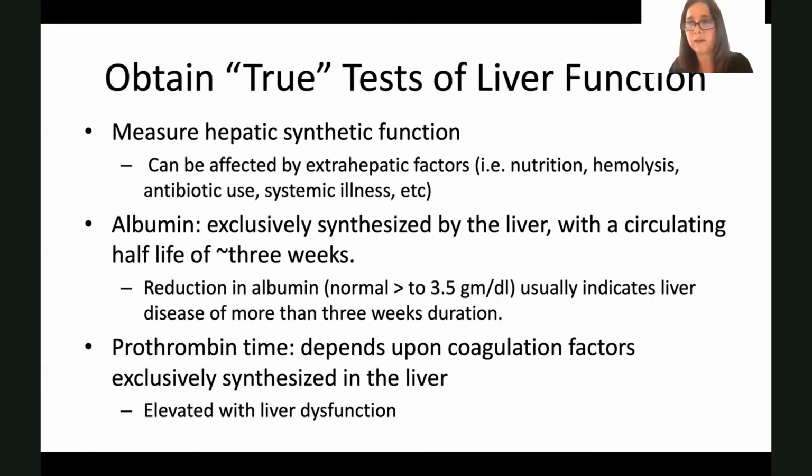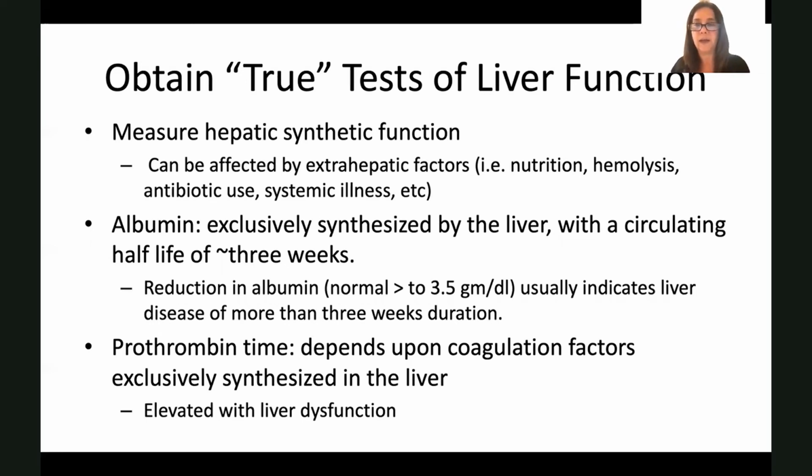So, what else do you want to do when you think about liver disease? You want to get true tests of liver function, not just AST, ALT. Basically, you're looking to see if the liver can synthesize proteins. And really, the best is to be thinking about albumin, which is exclusively synthesized by the liver, has a circulating half-life of about 3 weeks.